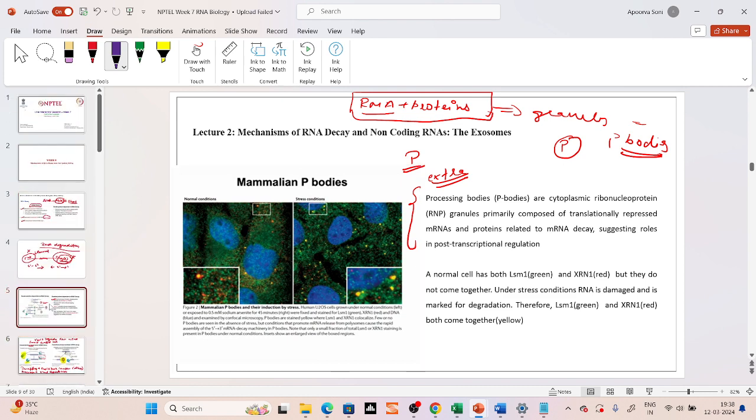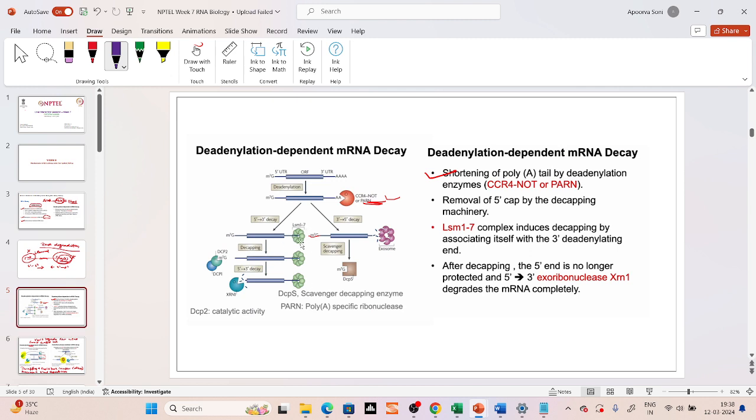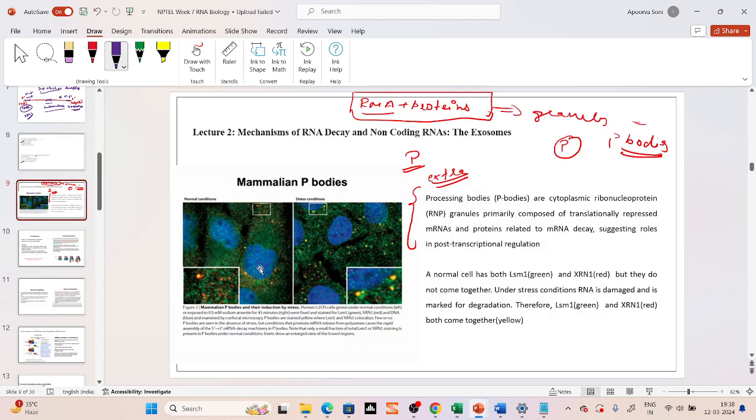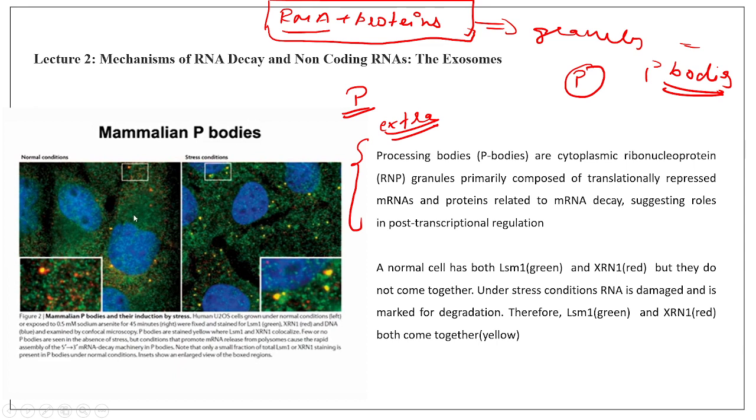If you remember, this is LSM. LSM binds to the 3' end so that XRN can come and decay it. Under normal condition, this green portion is LSM, which binds to the 3' end, and this red portion is the XRN.